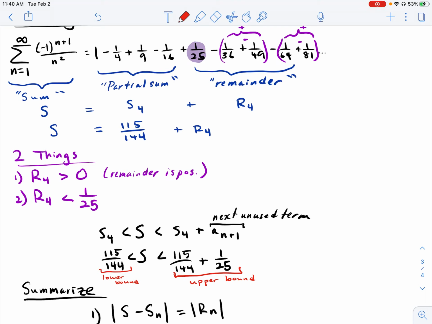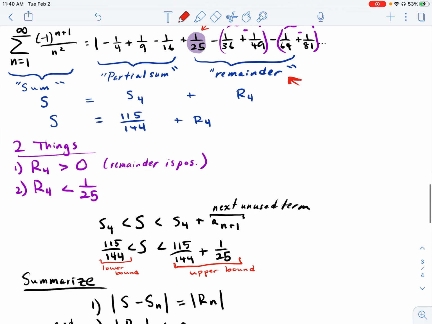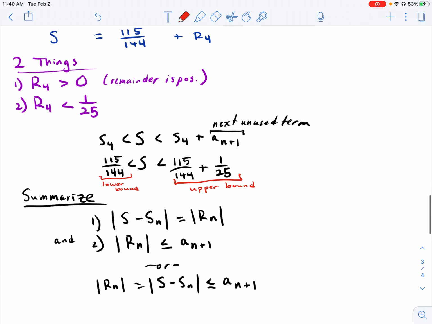It's how much our partial sum is off by. What the alternating series error bound theorem simply states is that this remainder, our error, must be less than our first unused term, or in other words, the first term that we are not adding as part of our partial sum. It's as simple as that.